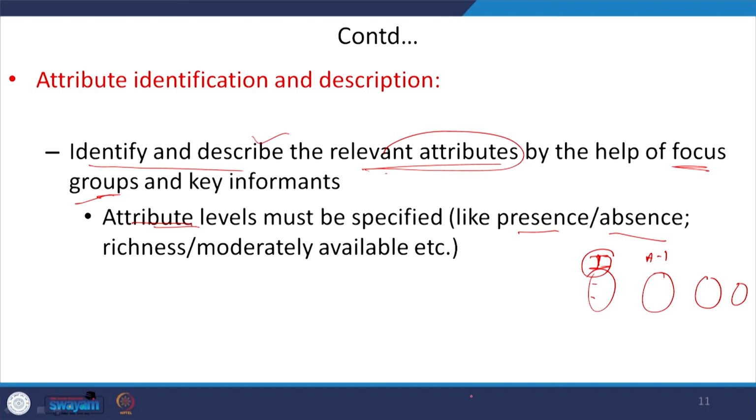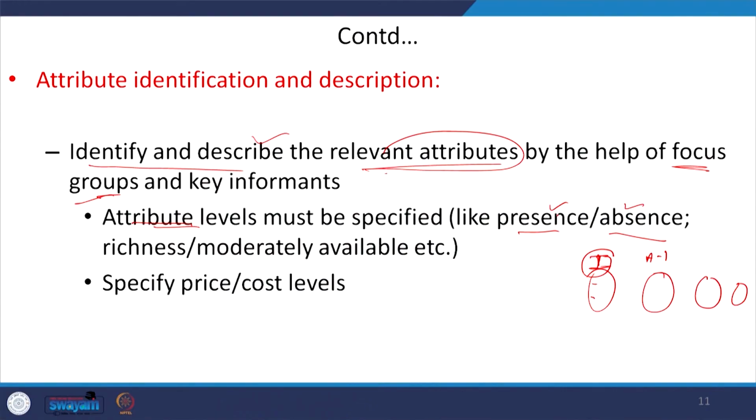And after identifying the attributes, we can interpret not only in terms of presence and absence, we can also talk about the richness or the moderate availability of this particular attribute. We can even use a Likert scale if it is permissible, or if the attributes are like that, we can label them. And after doing this, we can also specify the price or cost level.